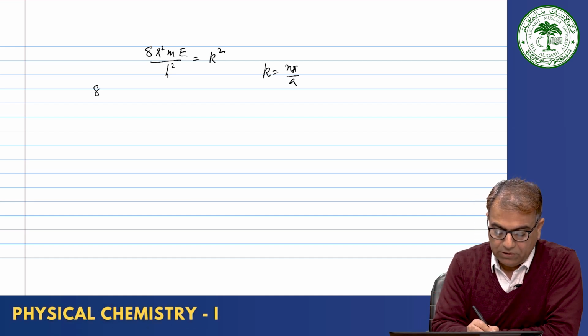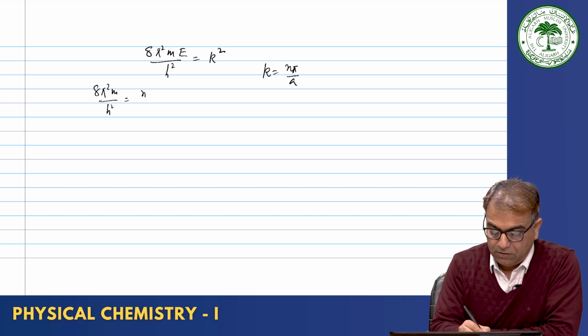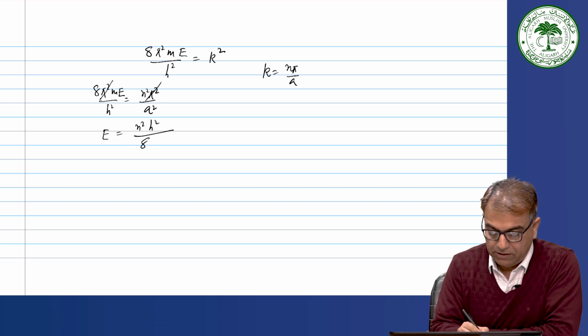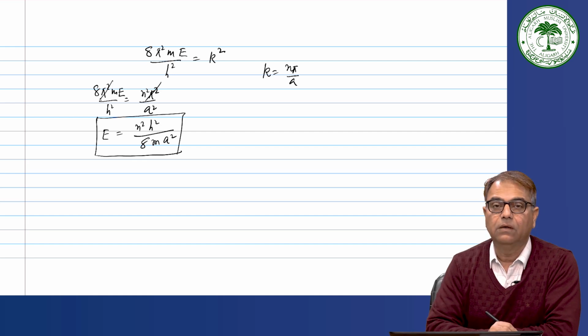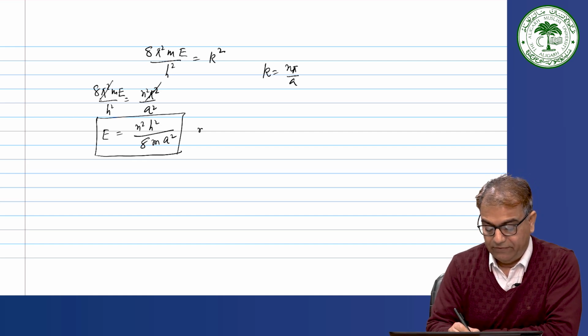You put these values: n²π² divided by a². So π² and π² will cancel. E is there. So E will be equal to n²h² divided by 8ma², where n is equal to 1, 2, 3 and 4.